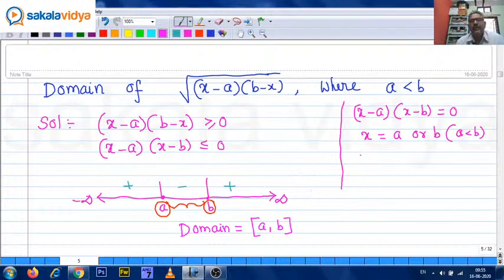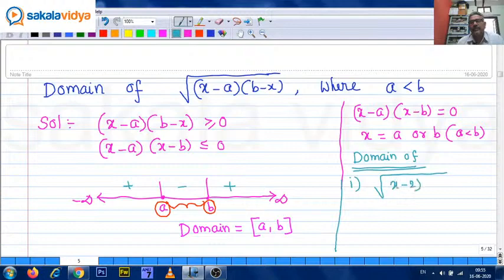Now some problems for practice I will give. You practice them. Root of x minus 2 into 3 minus x. Second, into 4 minus x.